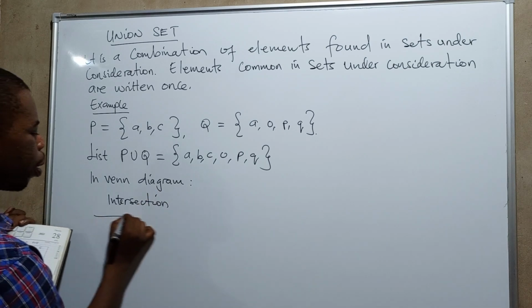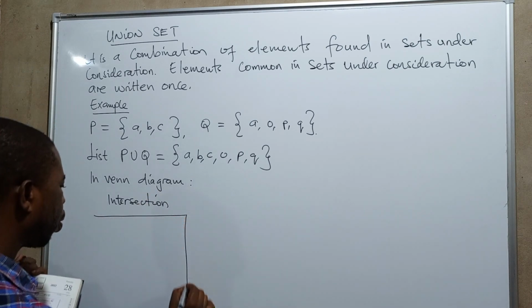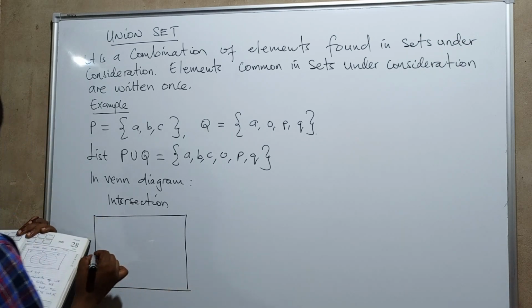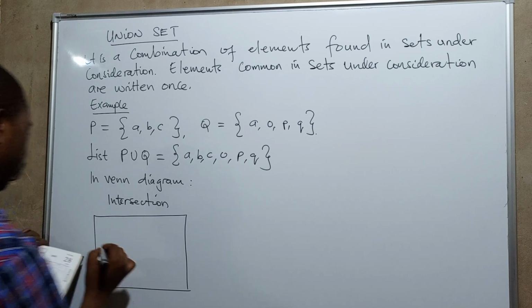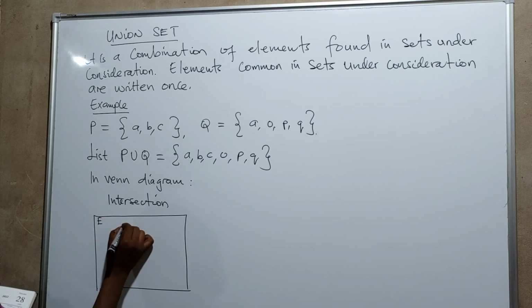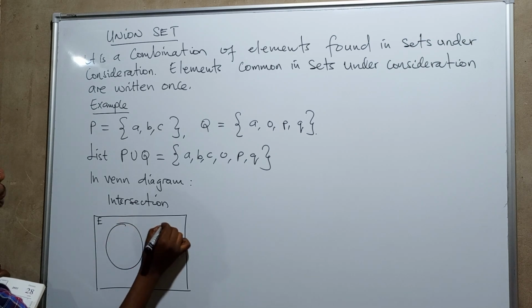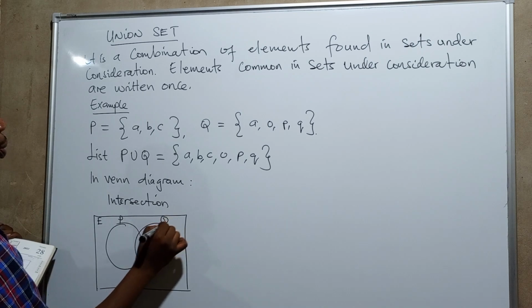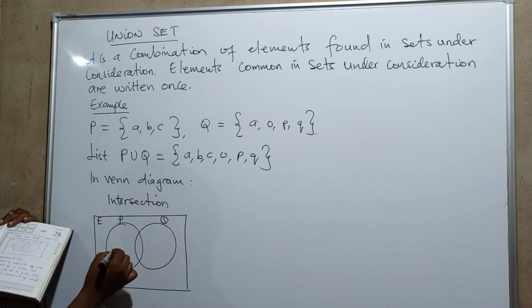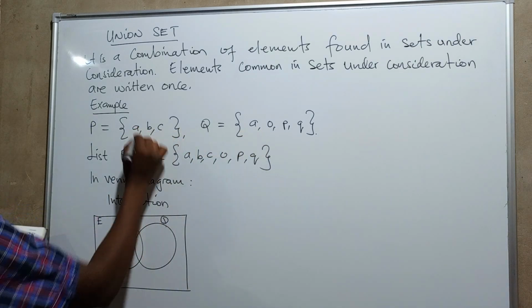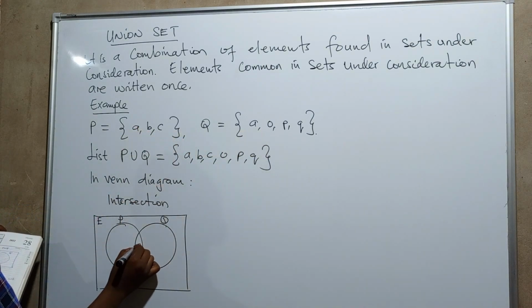We can have E here, then set P and this is Q. The common one is A, it can sit here.